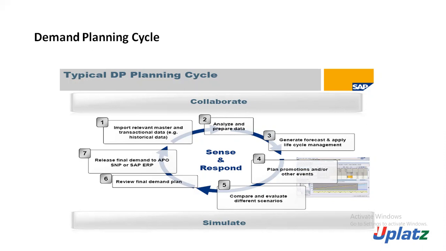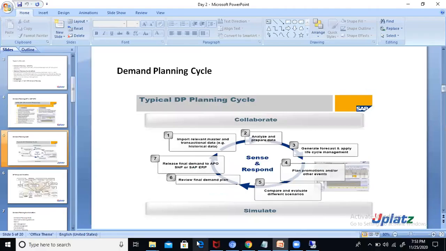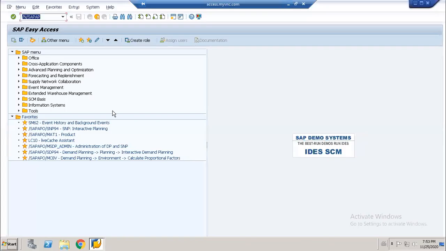Under univariate, we have different algorithms to generate the statistical forecast. To maintain all these things, we need to maintain the forecast profiles. The T code to maintain the statistical forecast profile is /SAP APO MC96P.